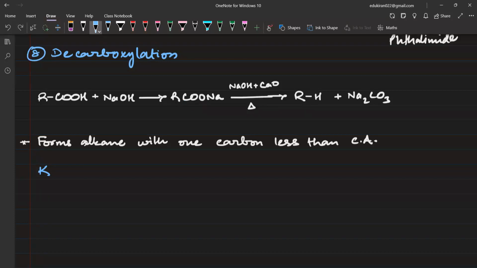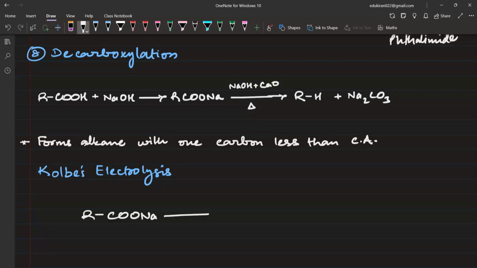So that is why we call it decarboxylation. In Kolbe electrolysis, this is also an example of decarboxylation, but it has a different product. If you use RCOONa, the first step is the same, react it with sodium hydroxide, and if you electrolyze it, then you will get R-R.